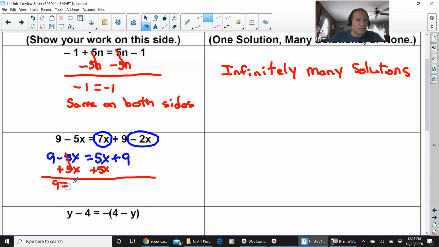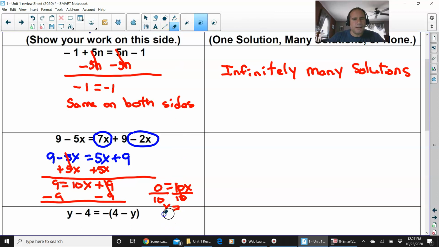9 equals 10x plus 9. Minus 9, minus 9. This cancels. So does this. But I could put 0 equals 10x. Divide by 10 on both sides. X equals 0.